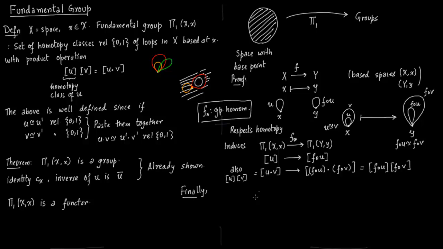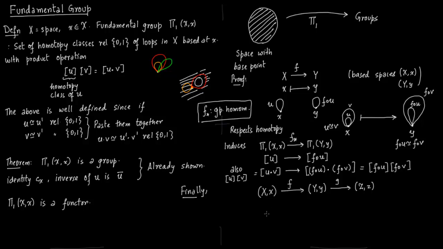Finally, to show that π1 is a functor, it should be able to go from X to Y to Z. So let me be precise what I mean. Say you can go from space X to space Y by preserving base points using map f. And then you apply map g, which again preserves the base point, that is carries small y to small z via map g.